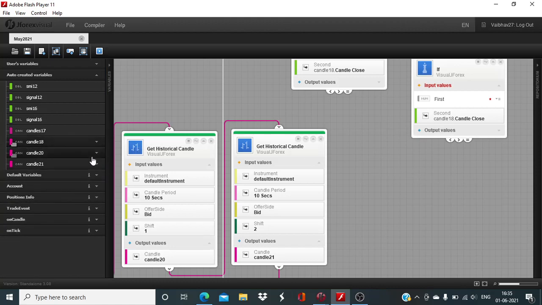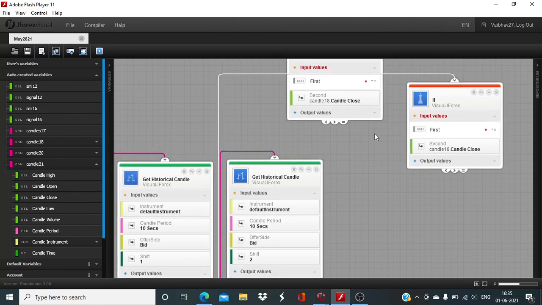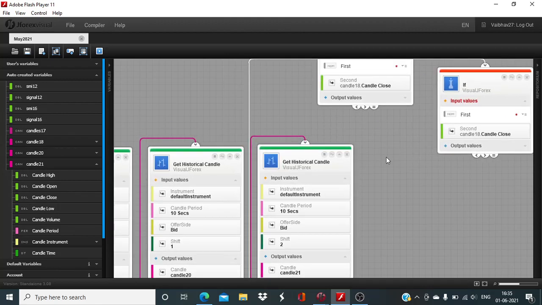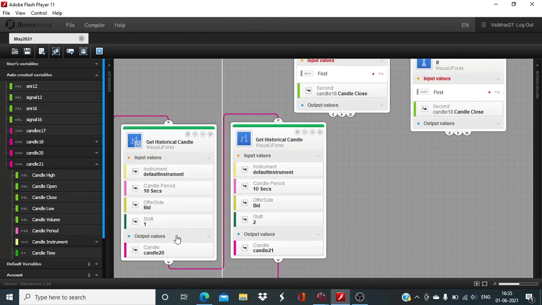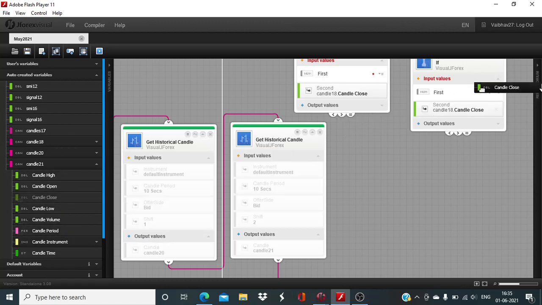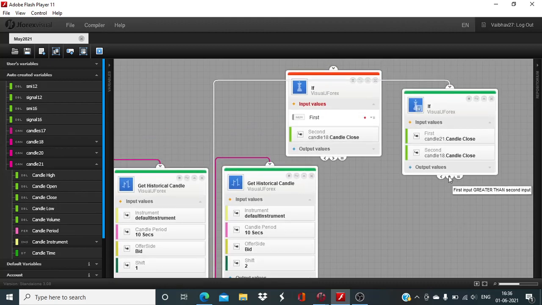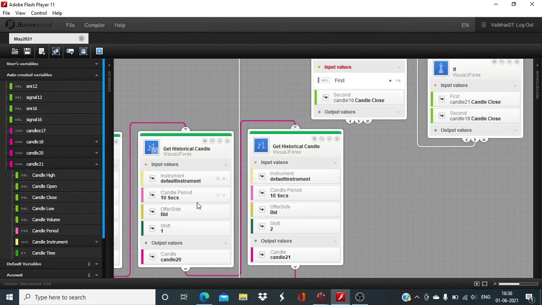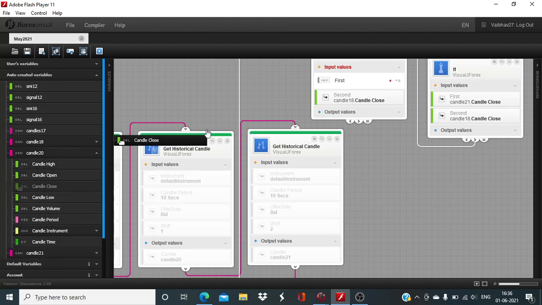So we need candle 21 candle close to first input greater than second input, and after that candle 20, which has a look back period of 1, it should have closed lower.